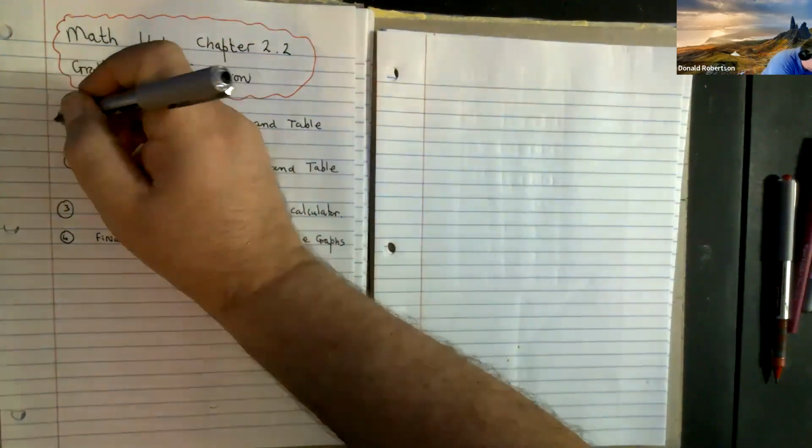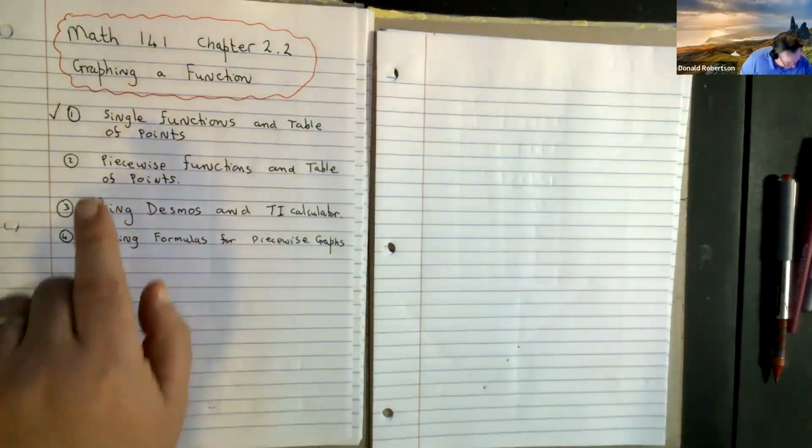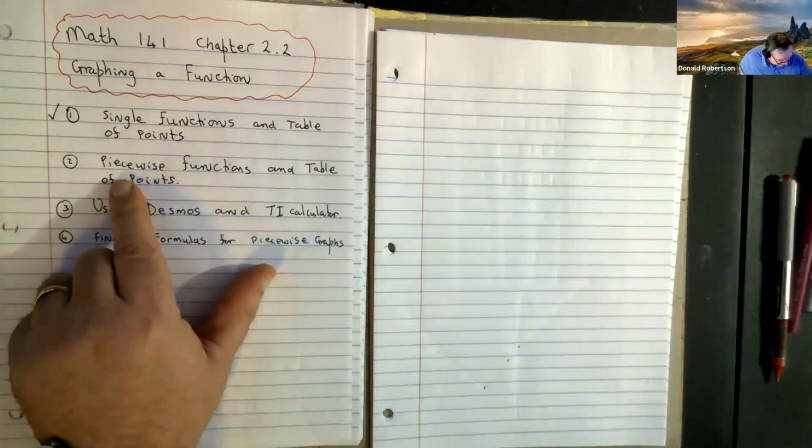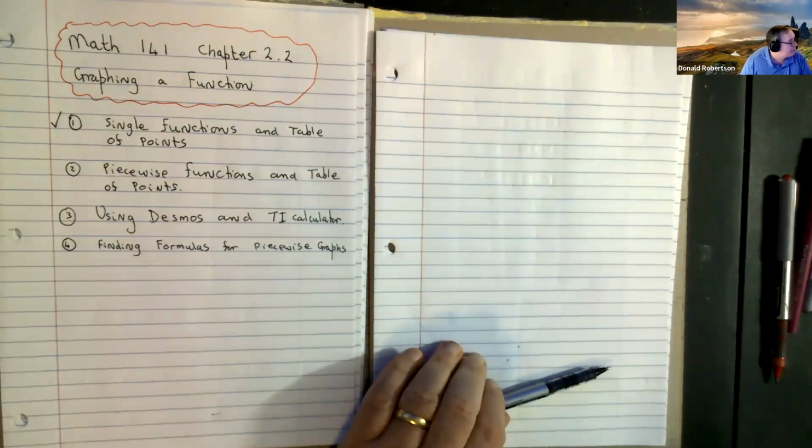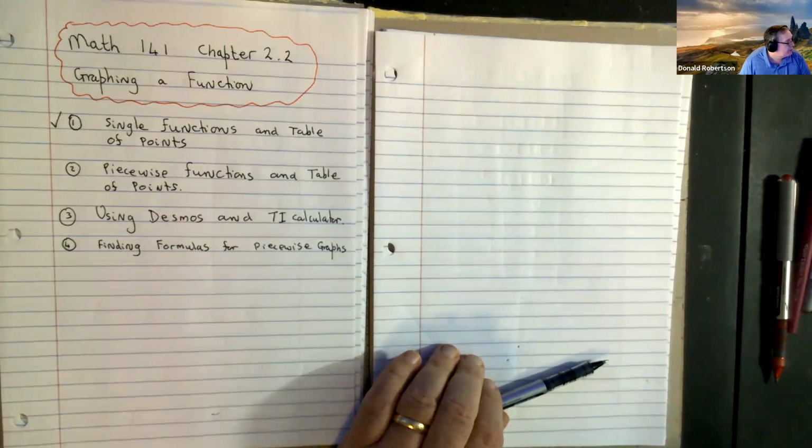Now, the second, basically, checks that one off. The second thing that we're going to look at is how do you do piecewise functions and tables of values. So I'm going to zoom a little bit out of sync here and find the questions where you have piecewise functions. So I think it starts at 18, but let's double check I didn't miss anybody.